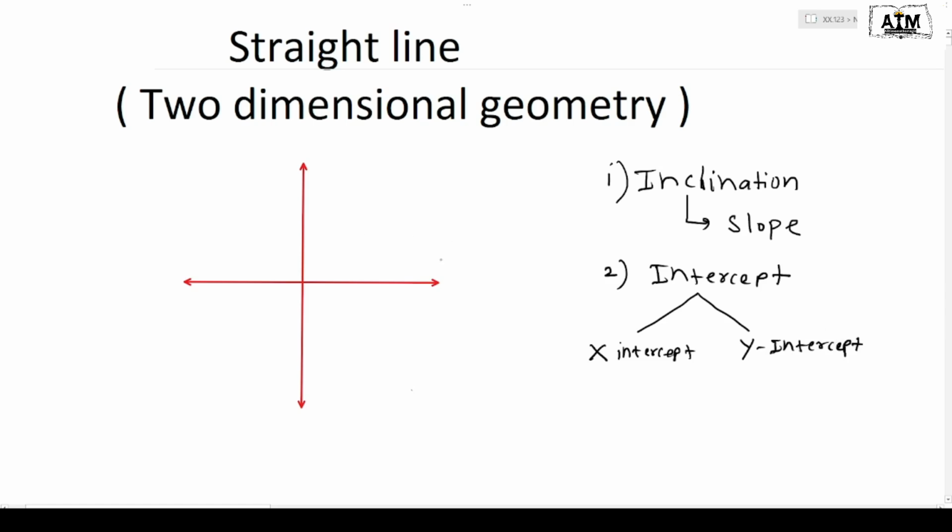If a line is drawn in a two-dimensional system, a system comprised of x-axis and y-axis is called two-dimensional geometry.